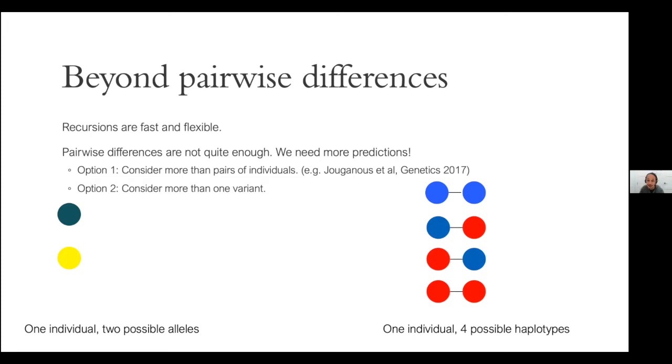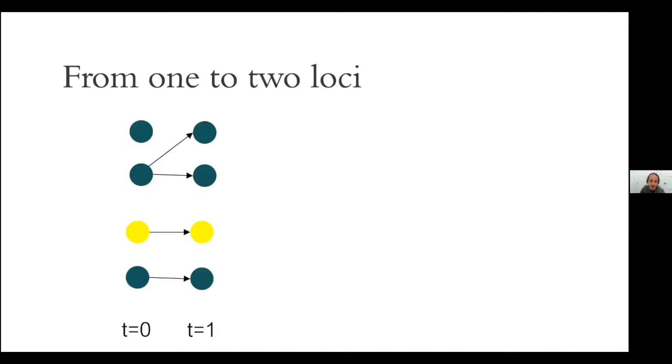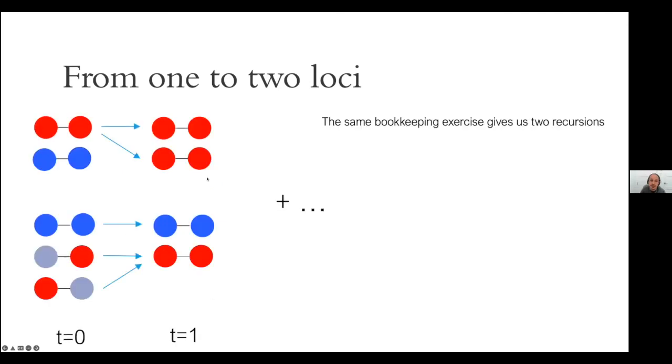Okay, so we're going to have to do some bookkeeping again, but instead of doing this bookkeeping for 2 individuals and 1 allele, we're going to look at bookkeeping for 2 individuals and haplotypes. How likely is it that my 2 individuals carry, for example, the derived allele at both loci? Well, one way is that they both share the same parent, which happens with some fixed probability.